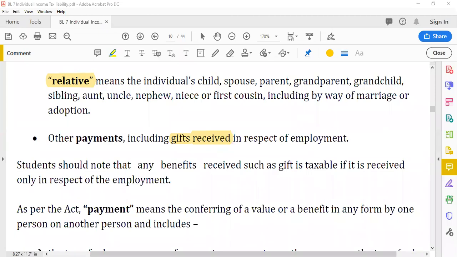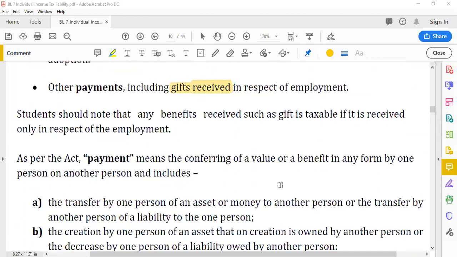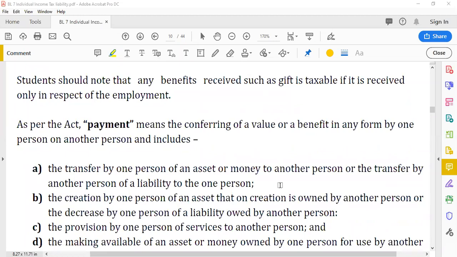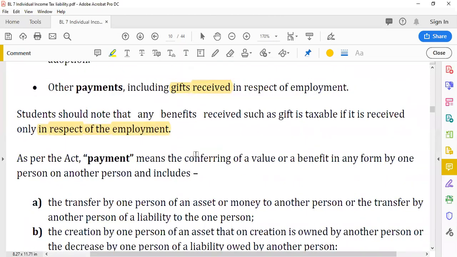It's a gift. It's not bribery. He is entitled to pay tax on that income, right? The student should note that any benefit received, such as a gift, is taxable if it is received in respect of the employment.